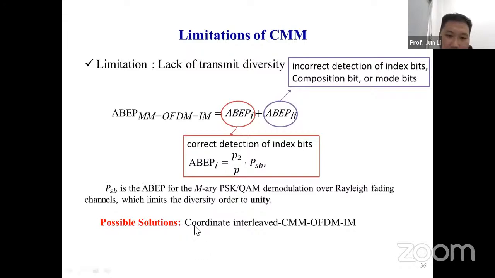Maybe you can consider coordinate interleaved composite multimode OFDM or other OFDM or other spectral modulation related schemes. Coordinate interleaving is one kind of famous method to increase the transmit diversity. Okay, thank you. I have finished my talk.